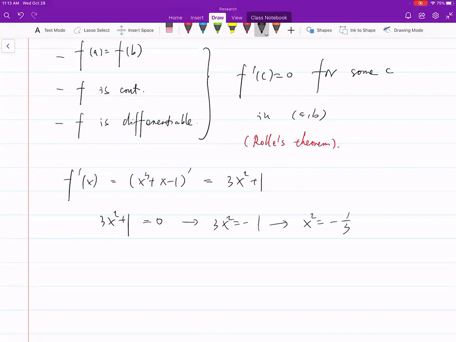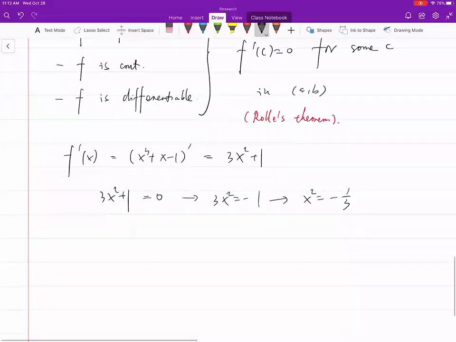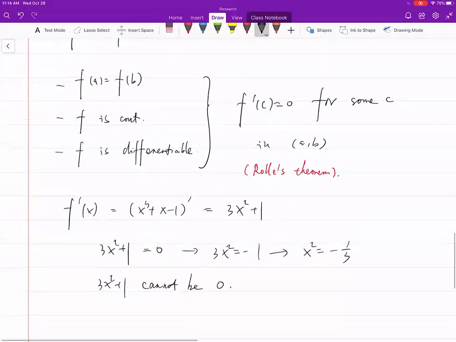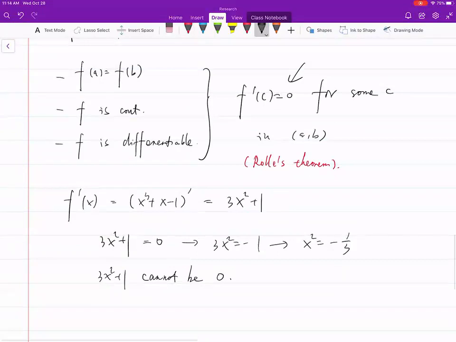Can you take a real number, square it, and get something negative? This one is never 0. But you just said your derivative has to be 0 somewhere. But then I just showed your derivative cannot be 0. What do we have? Contradiction.